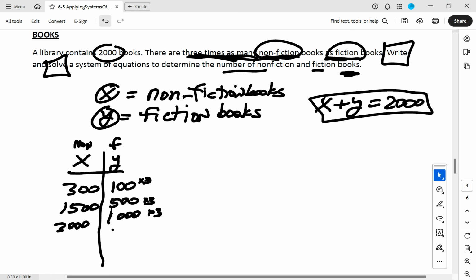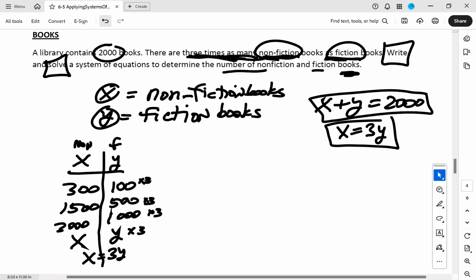So whatever number I get here, if I multiply by 3, that will give me the X. Or I'll write this as 3y, so X is equal to 3y. Okay, so I'm going to write that up here as X equals 3y, and I have my second equation.